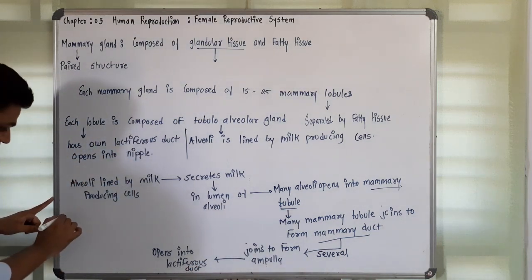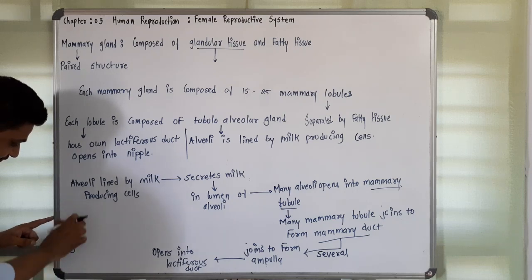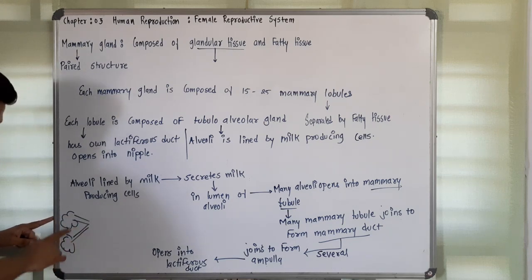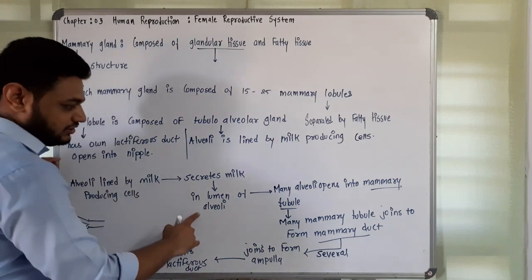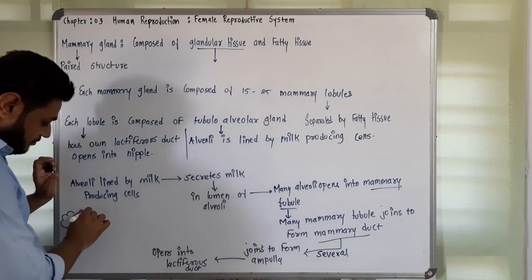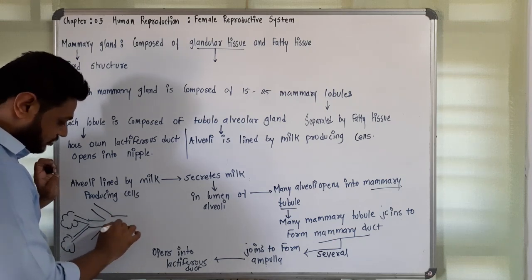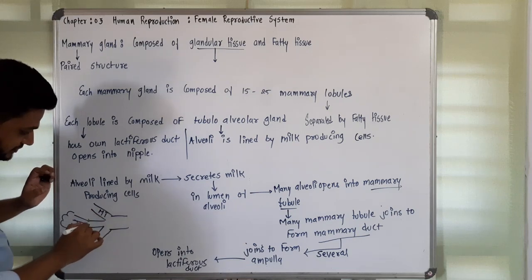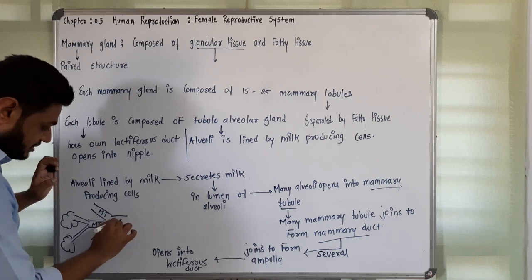Let's say, for example, this is one alveolus, and likewise another alveolus. Both have secreted milk. They join to form a mammary tubule. Many mammary tubules join to form a mammary duct.